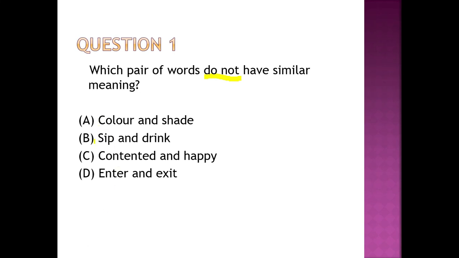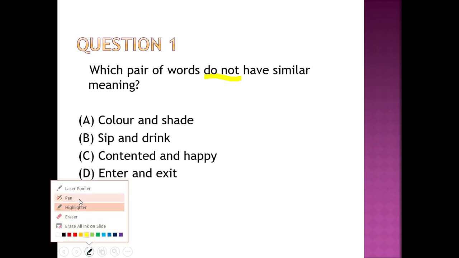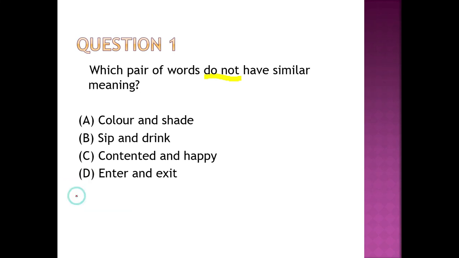I also will assume that most people know that sip and drink is another pair of synonyms, which are words that have similar meaning. And look at this one. Look at C. C is contented and happy. Now, some children might not be familiar with this one, with the word contented, but you know that happy is a feel good feeling. And contented also means to be happy, to feel good.